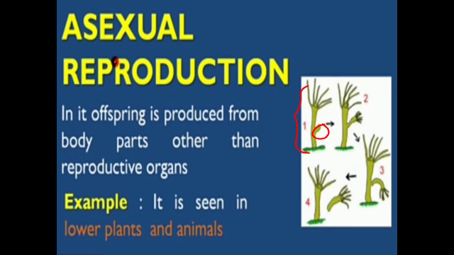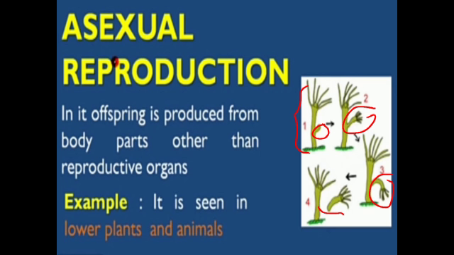Then in the second step this bulge is growing in size. Similarly here it is getting detached, and here it is separated from the parent hydra. These bulges are known as buds.